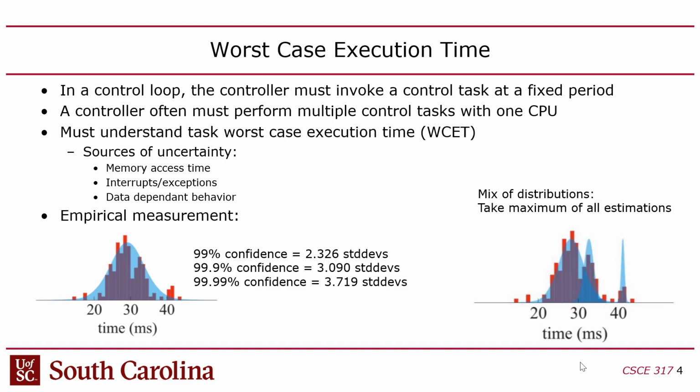In modern operating systems like Linux, not only do they make no guarantees about how long it's going to take to run a task, but there's no way to even tell Linux how long you want it to run. You can't tell Linux, run this program and try to do it in like 10 milliseconds. Linux is like, no, not accepting that. Not doing it.